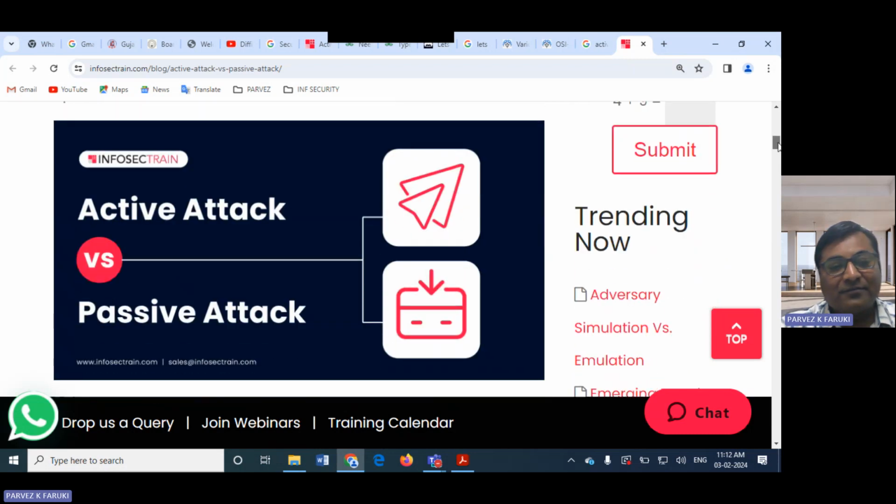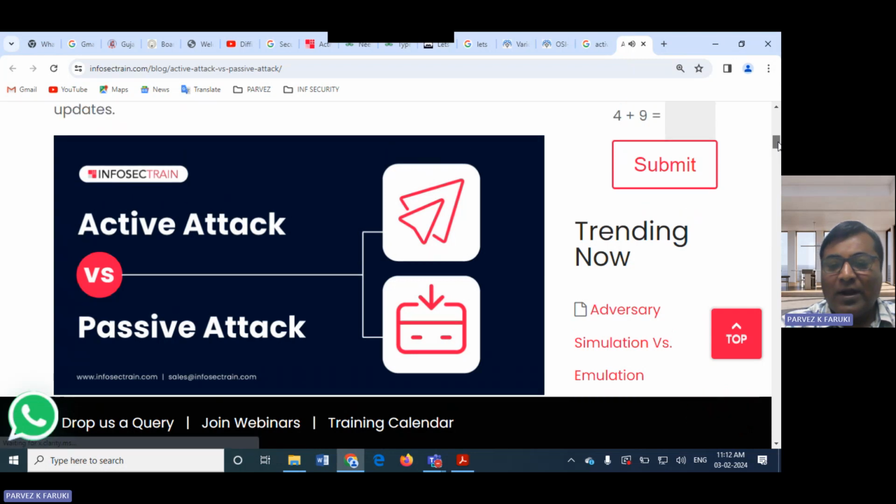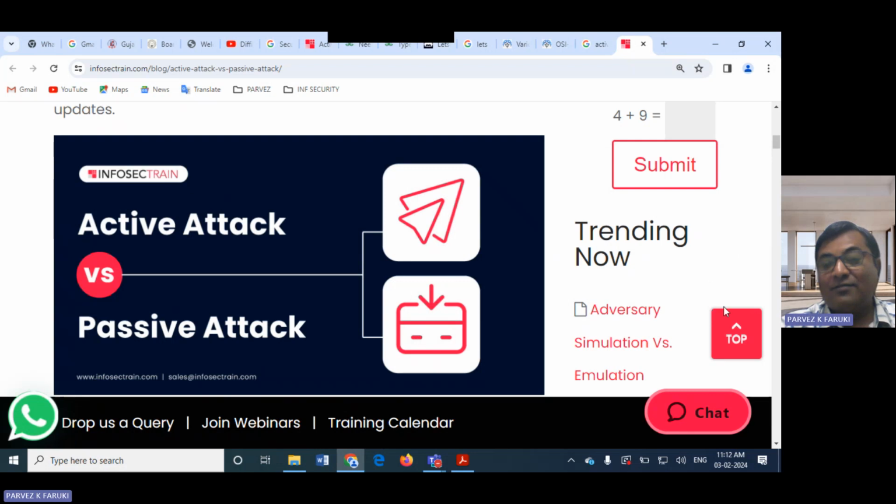Now, what is the difference? The difference is whenever an attacker wants to attack its target, the attacker actually needs to identify and understand whether he wishes to attack a client or a server.